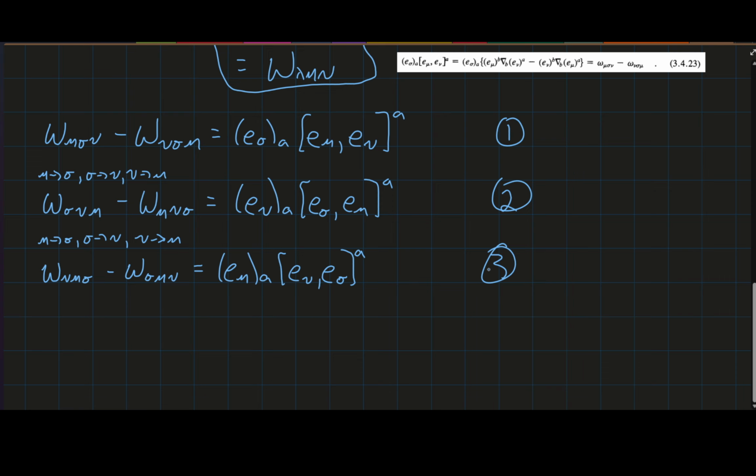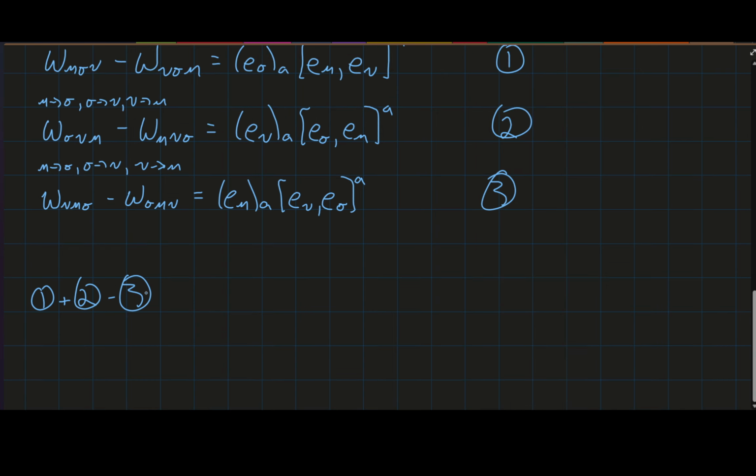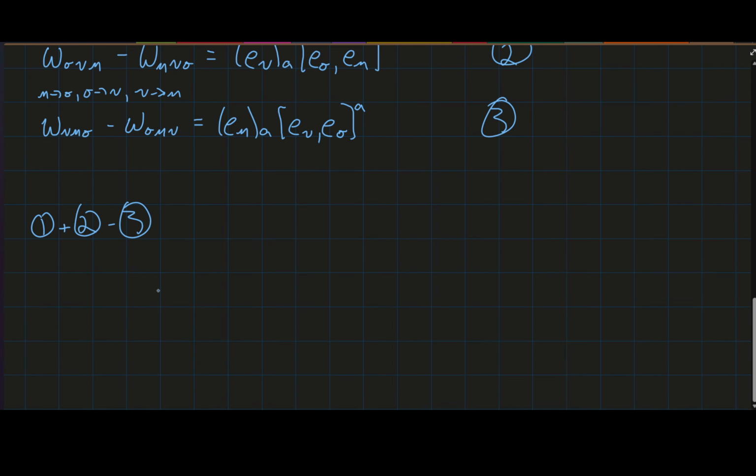So after a bit of trial and error, what I found was taking equation 1, adding equation 2, and subtracting equation 3 is going to give us what we want effectively here. So let's start off by taking 1 and subtracting 3.